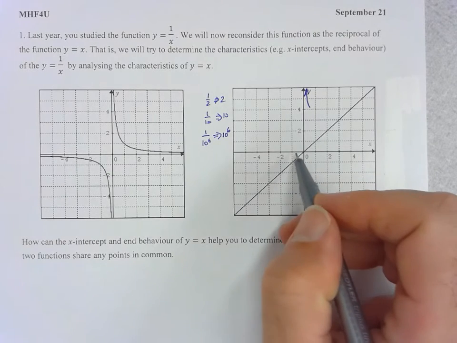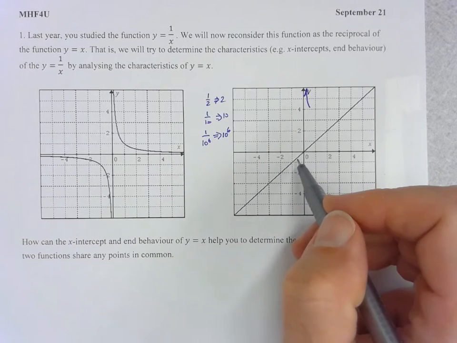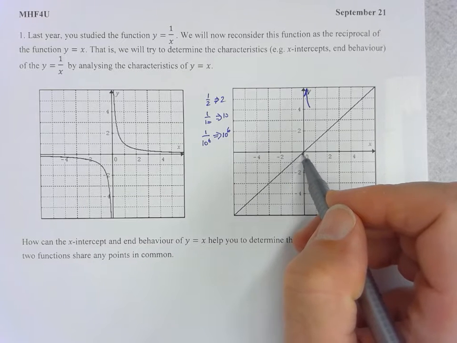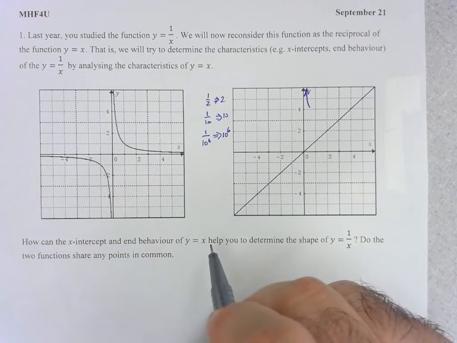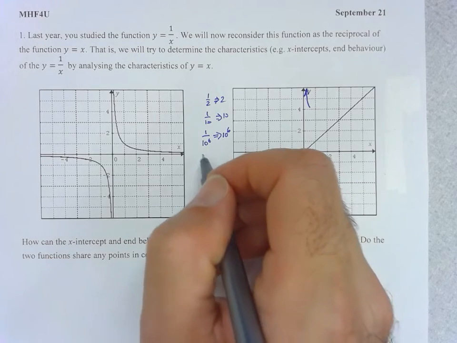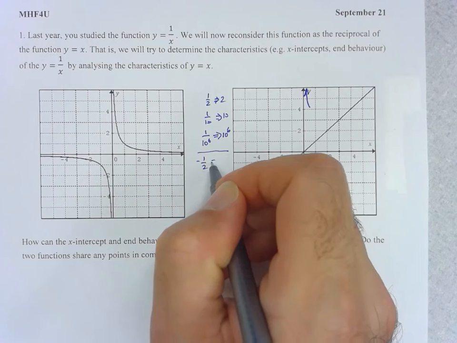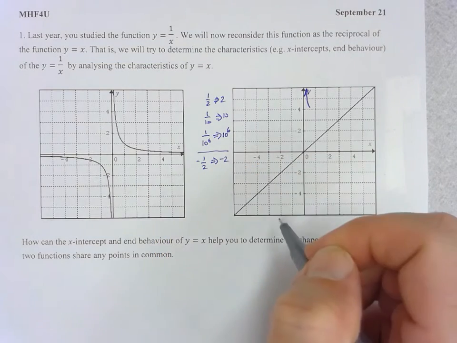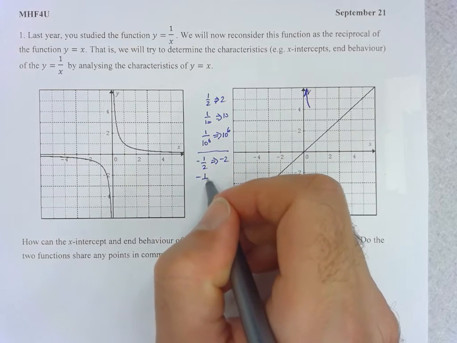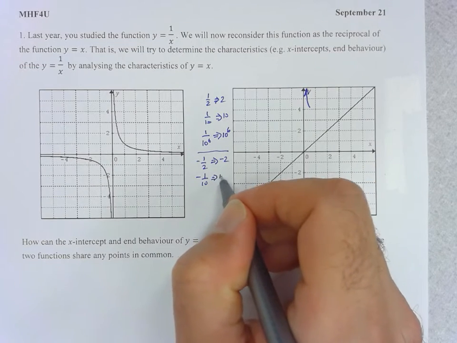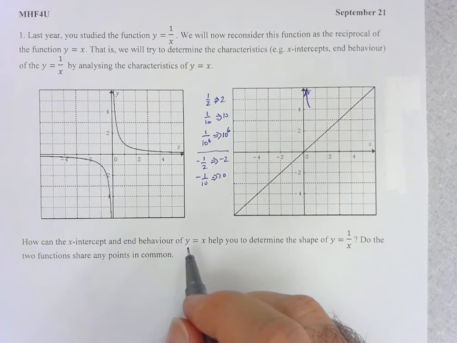Okay, let's see what happens on the left. My x values are still getting closer and closer to 0, except they're increasing. When I take the reciprocal of negative 1/2, I get negative 2. The reciprocal of negative 1 over 10 is negative 10, and we see these numbers are getting smaller.